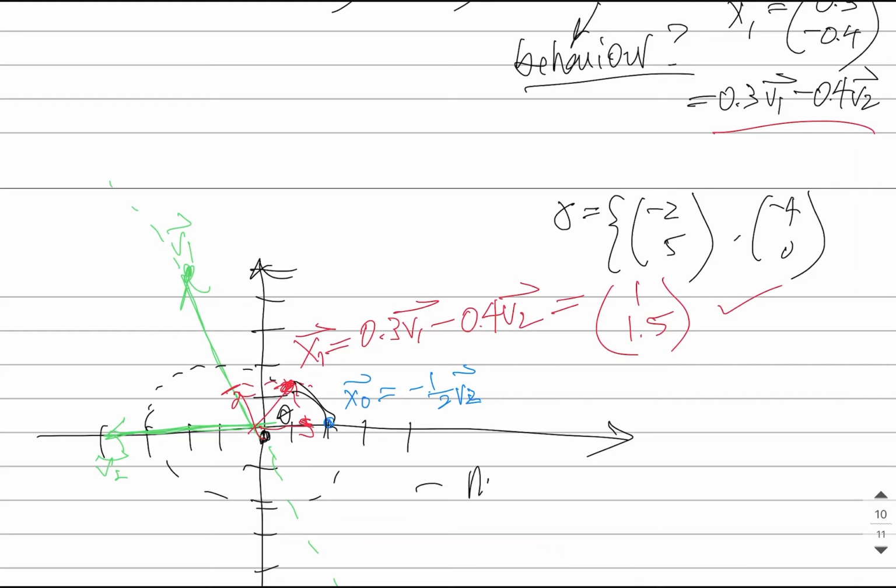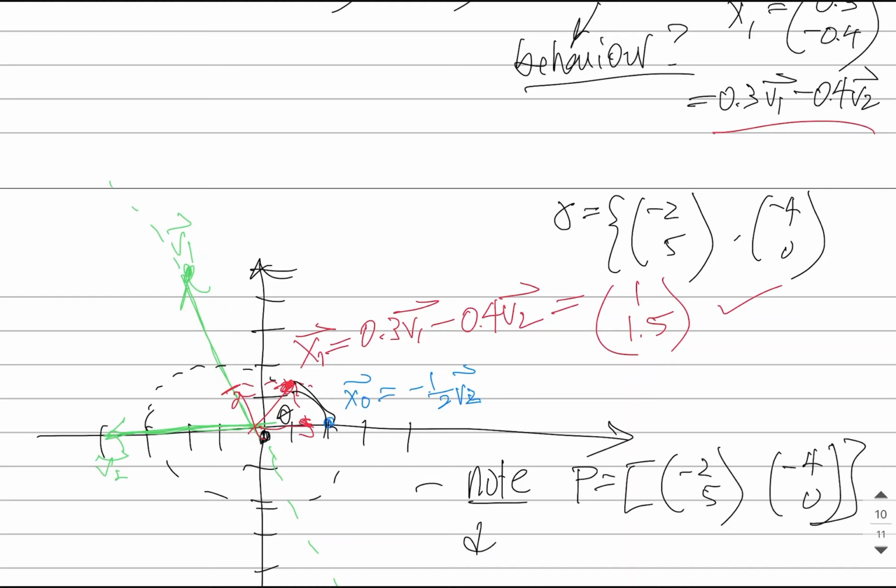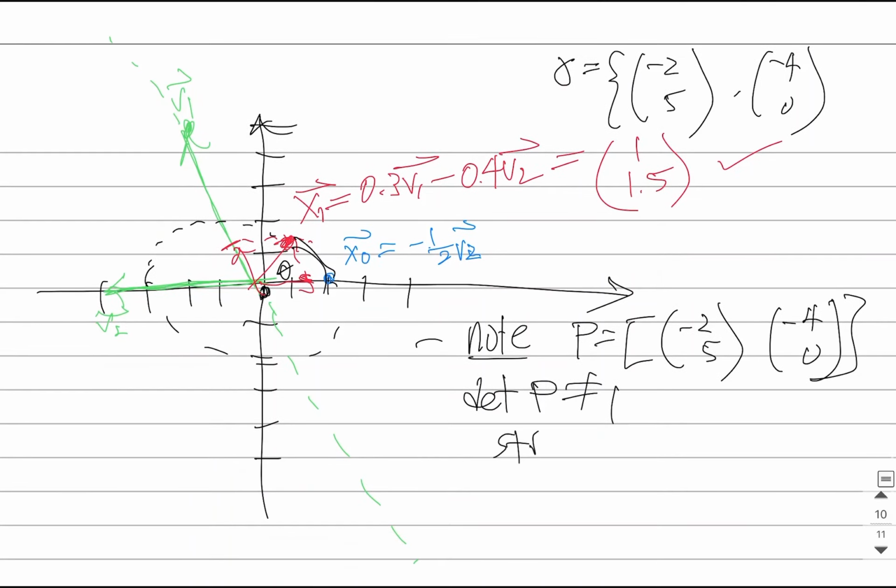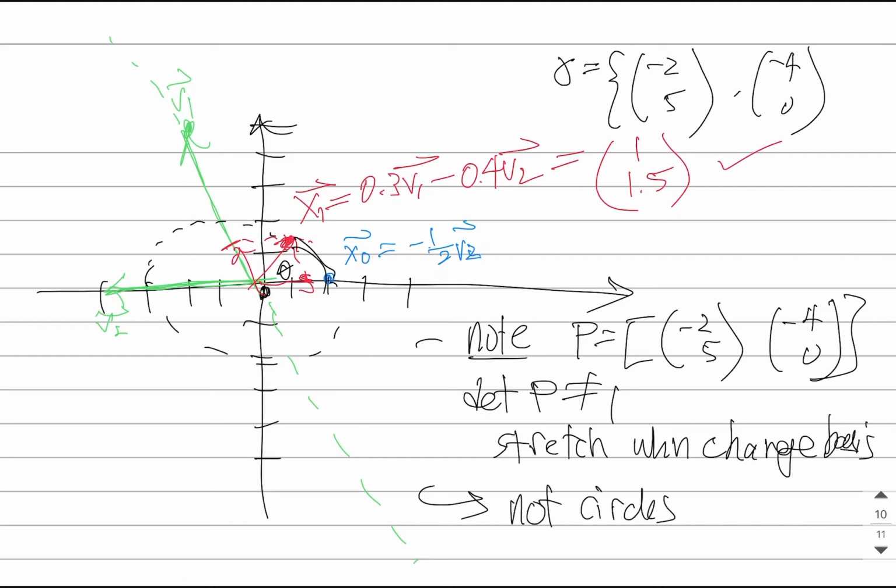Now note, if I were to take this matrix 2, 5, negative 4, and 0, the determinant of this matrix isn't 1. And that means there's going to be a stretch when we change basis. And that's why it's not circles when we plot this behavior.